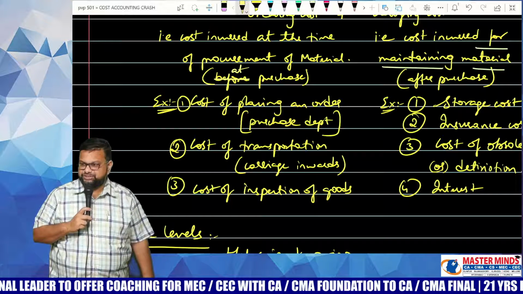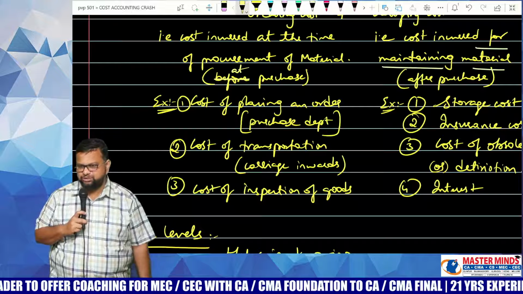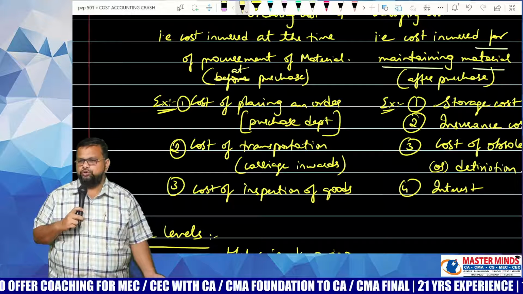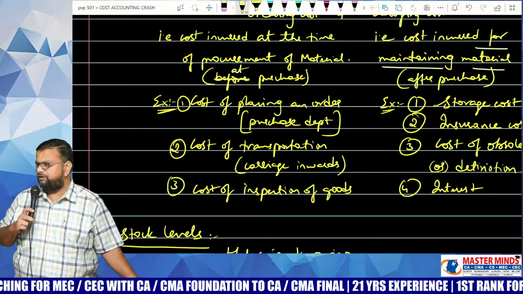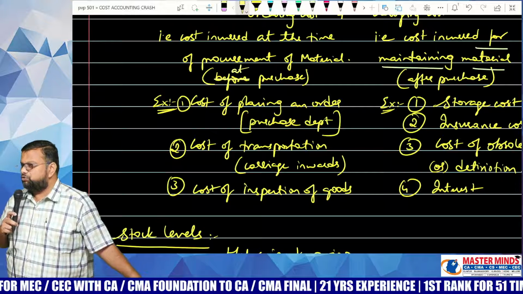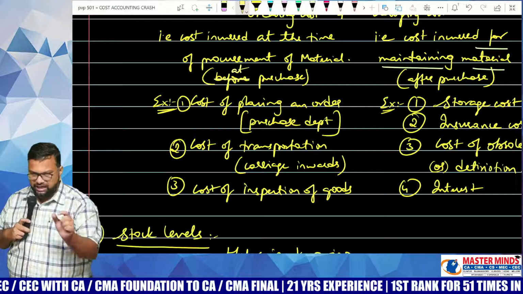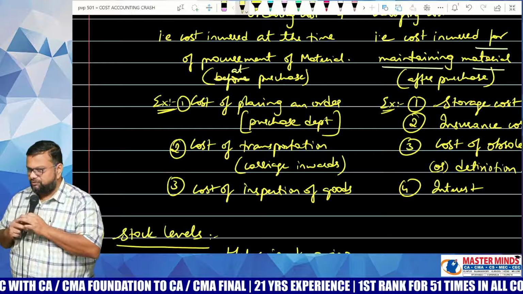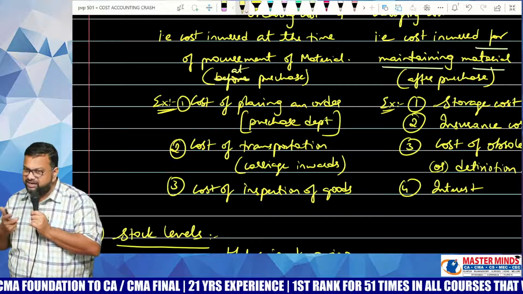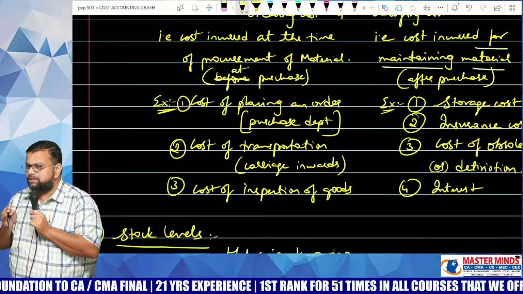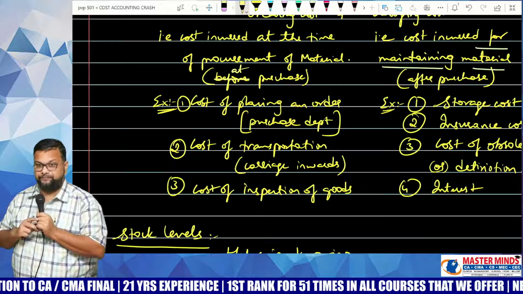Cost of obsolescence means if you don't use material over a period of time, it will get outdated or damaged. You can't use it any longer. For example, nuts and bolts are very small, miscellaneous items, and they are not stored properly.